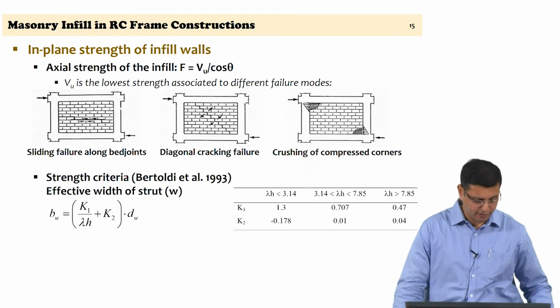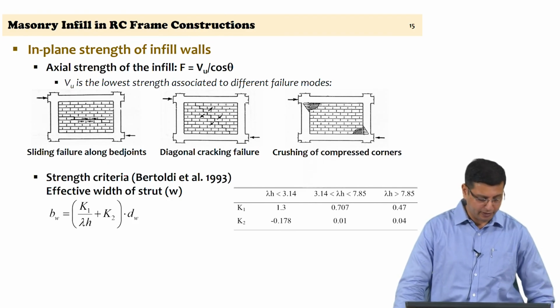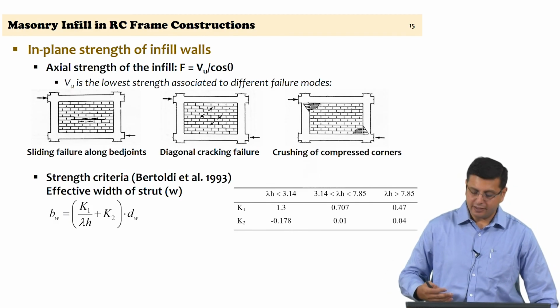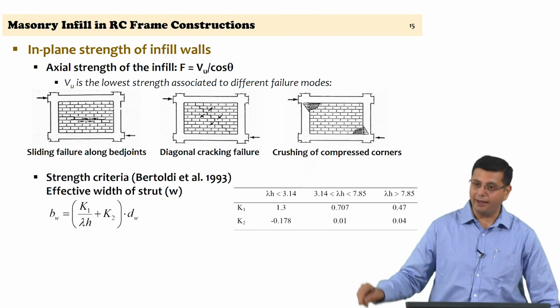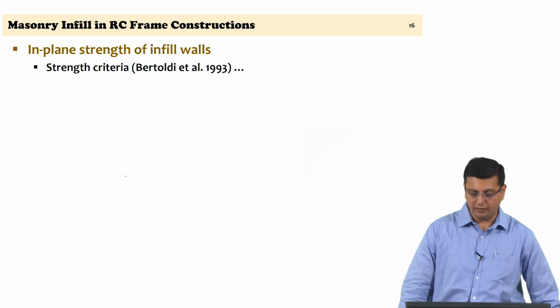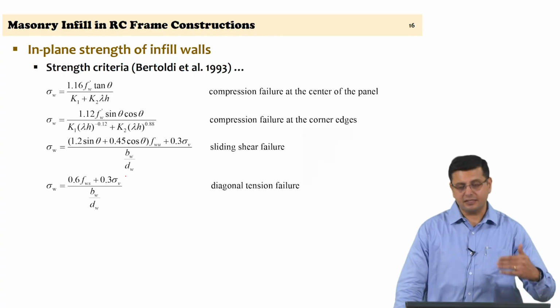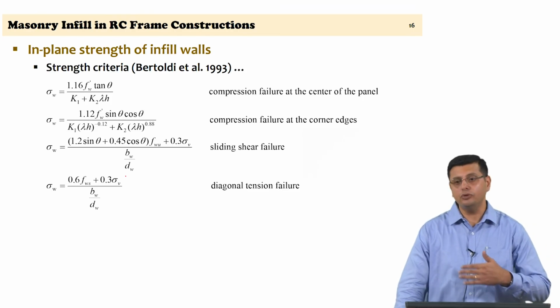One of the works that you could go back to, to estimate strengths of the infill panel, is by Bertoldi, where the factors K1 and K2 have been calibrated from experimental results of different panel sizes. So, different strengths of the infill panel are worked out based on the type of failure mechanism that you see.